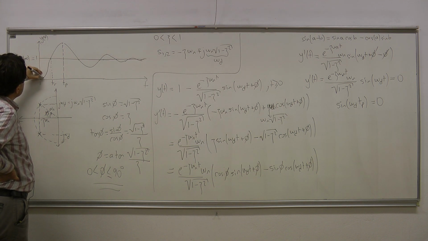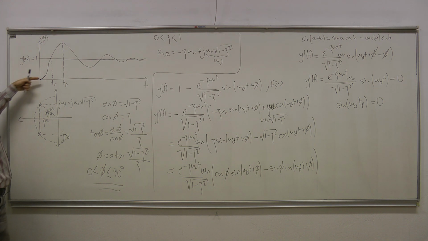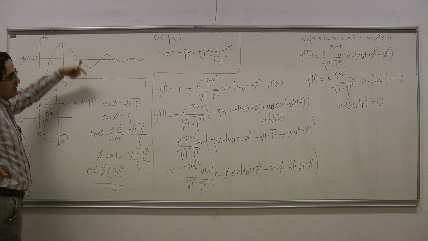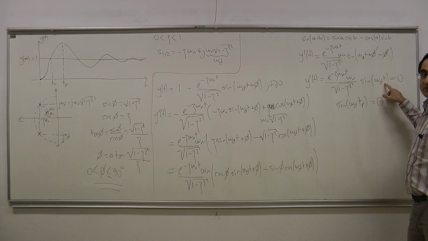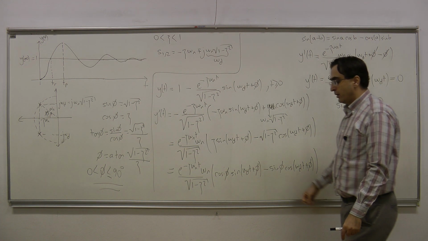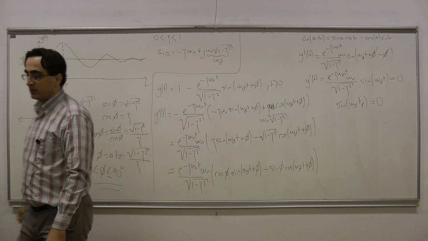The derivative here is still 0, and here we have a local minimum, not a maximum. We are looking for a peak, but this is a dip. The first dip of the function is at 0. So we start here with 0 slope, and then the function increases and makes a peak. So t equals 0 is not the solution that I'm looking for, because at t equals 0 we have a local minimum, not a local maximum.